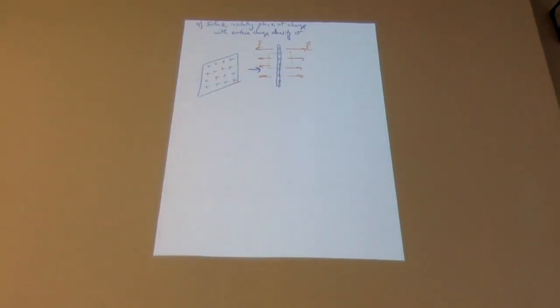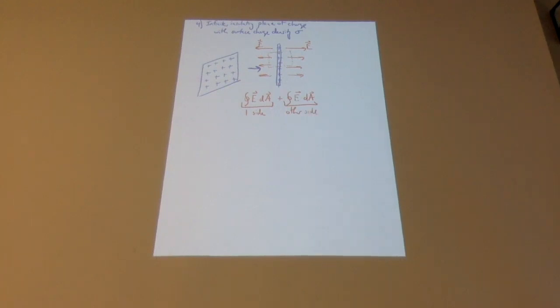So let's write E dot dA for one side, plus E dot dA for the other side. Maybe think of it as left and right. I'm going to draw a couple of arrows. This one represents that side, and this one represents that side. The other 4 sides are 0.